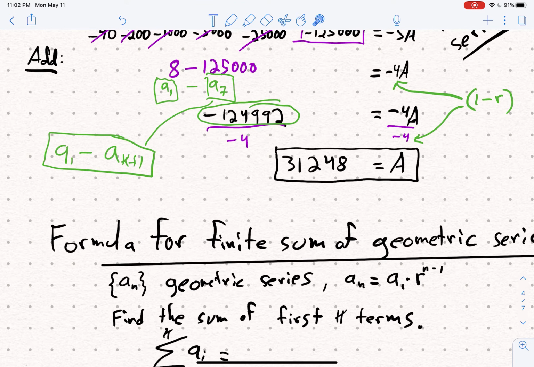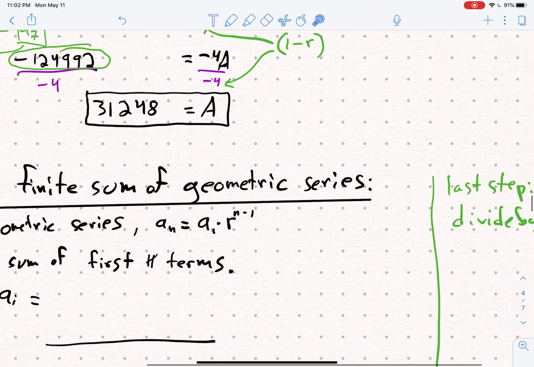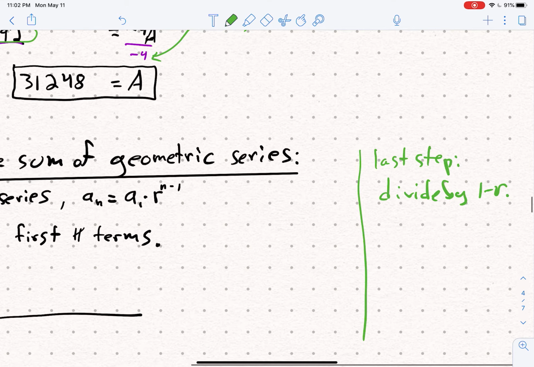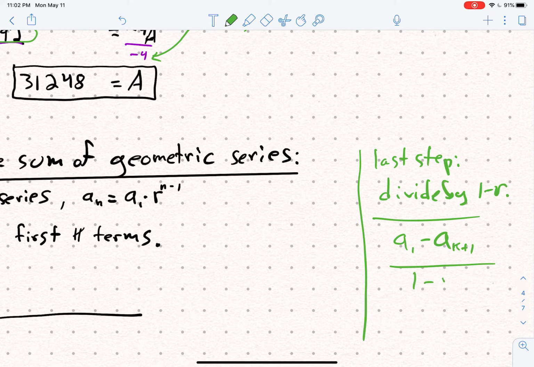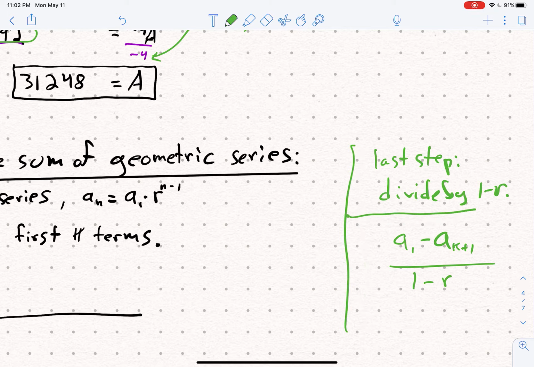So the last 2 steps are to take a1 minus a sub k plus 1, and divide by 1 minus r. This is a formula for it, which I think is very nice. The only issue I have with this formula is that it's not given in terms of a1 and r. There's this k plus 1 running around here.